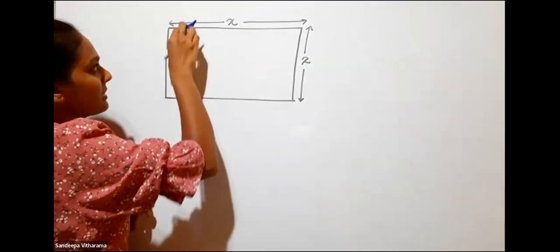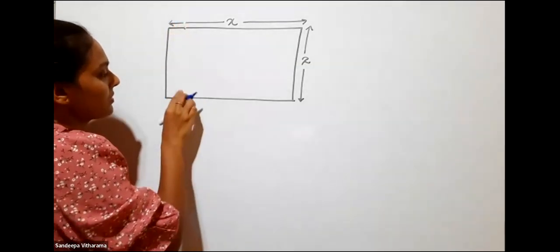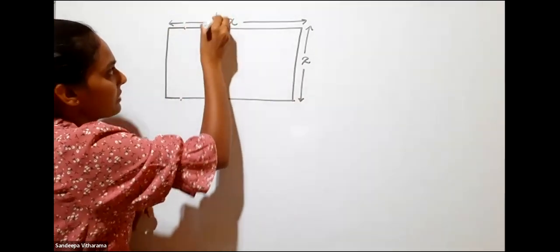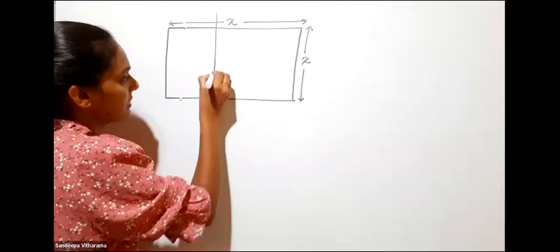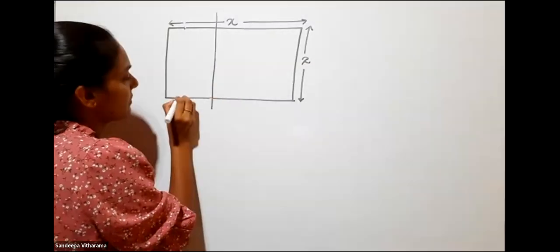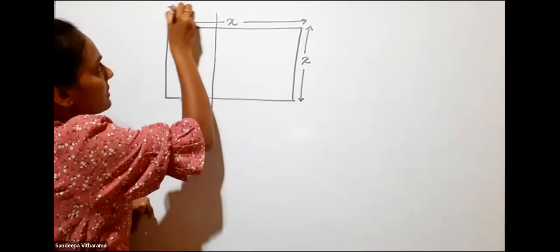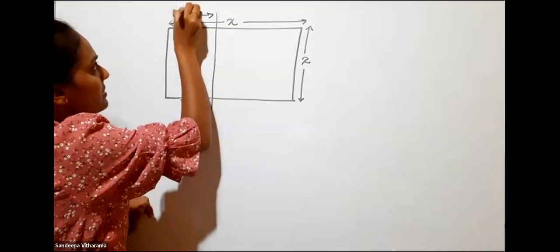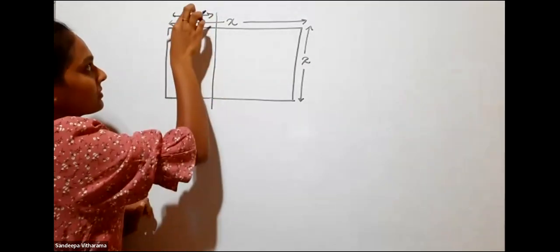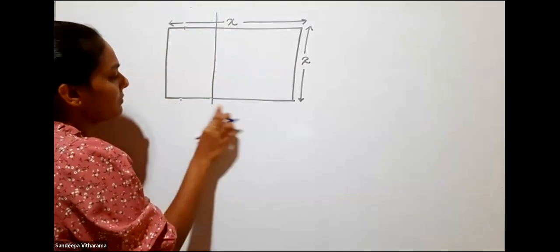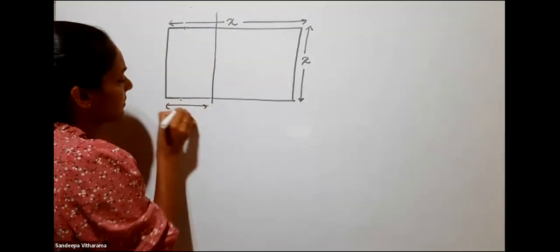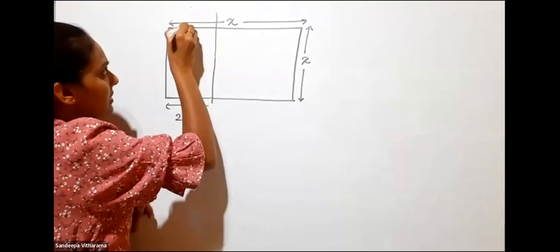Actually, if it is 2 meters, it should be equal to this one. Maybe it is removed like this, 2 meters from the length side. That means this portion is removed. 2 meters are removed.